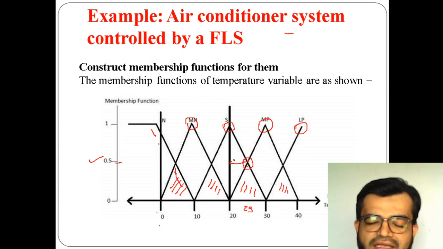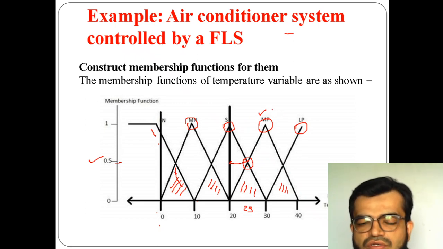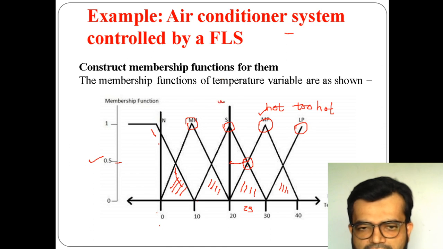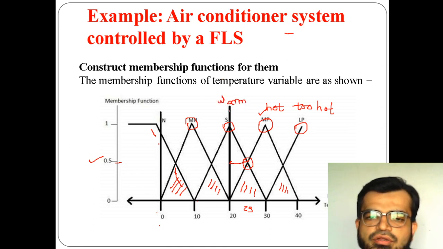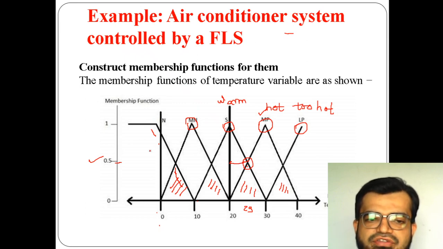Also, MP indicates medium positive. As I said, what I have taken now is hot and too hot. So if I assume this as hot and this as too hot, and here I assume them as warm, okay, then you can say that 25 degrees means it is warm to the degree of 0.5.